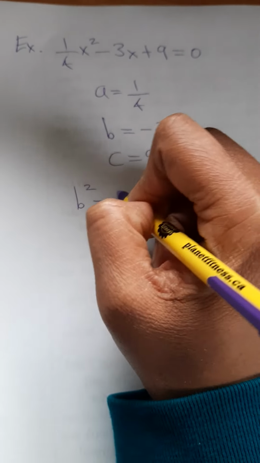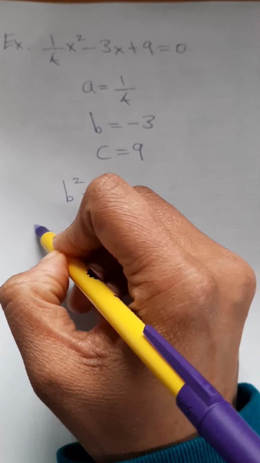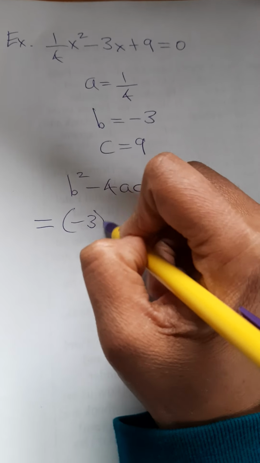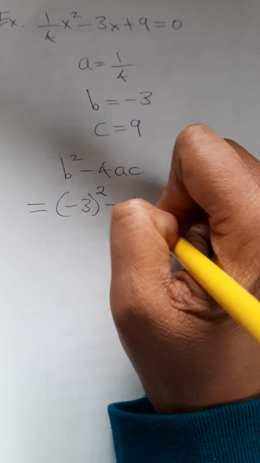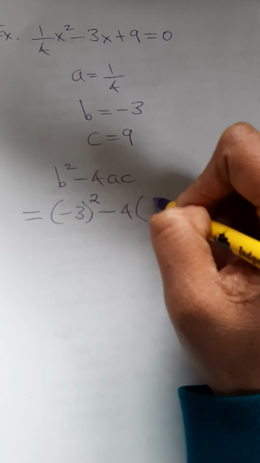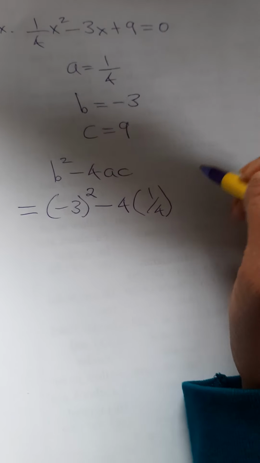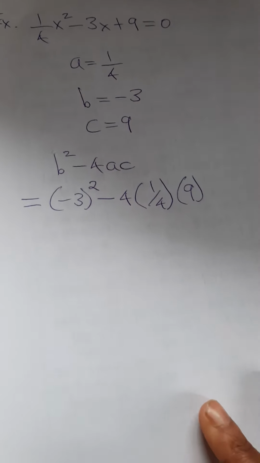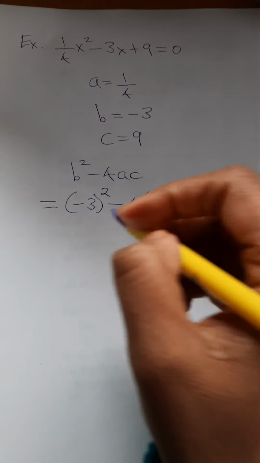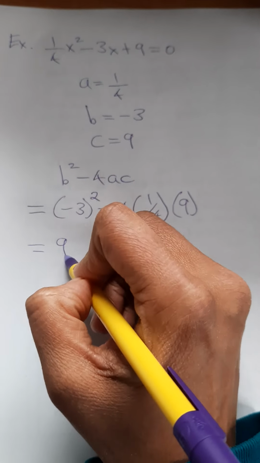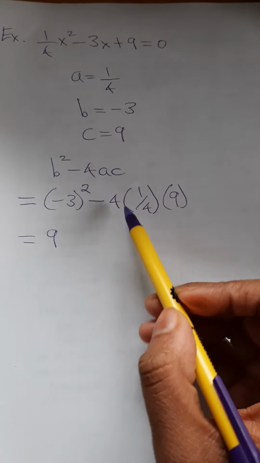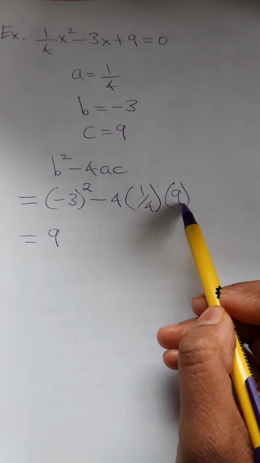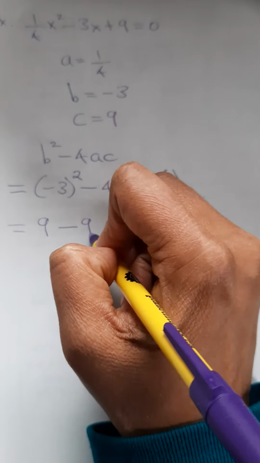I want to plug it into my discriminant, so b squared minus 4ac. The b value is negative 3, so negative 3 squared minus 4 times 1 over 4, which is a, and times 9. Does everyone see that? Negative 3 times negative 3 is positive 9. I'm doing 4 times 1 over 4, which is 1, times 9, which is 9.